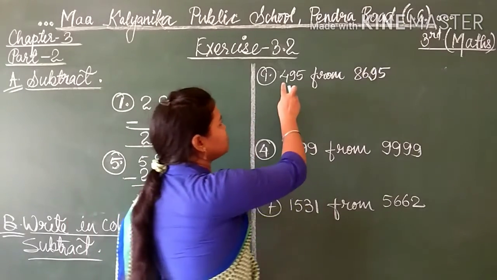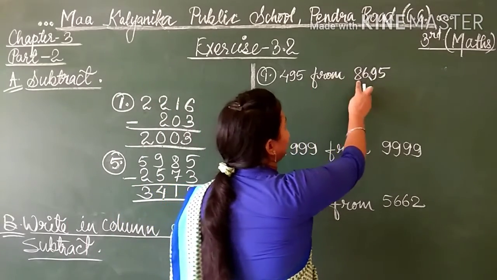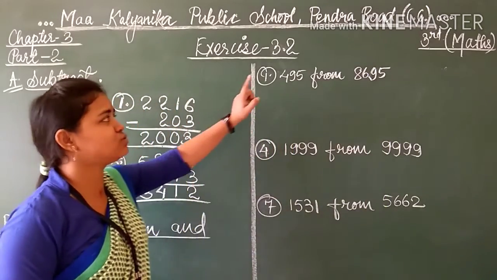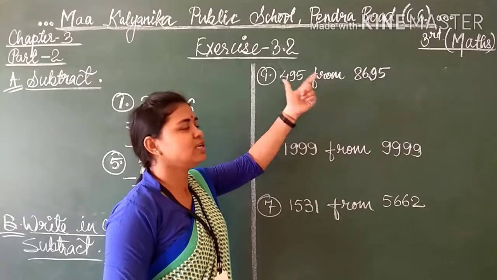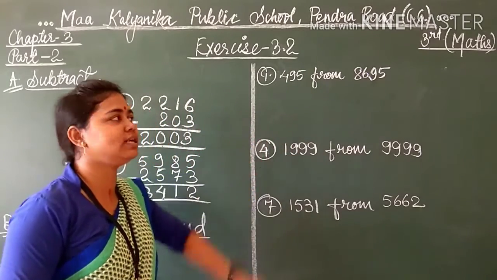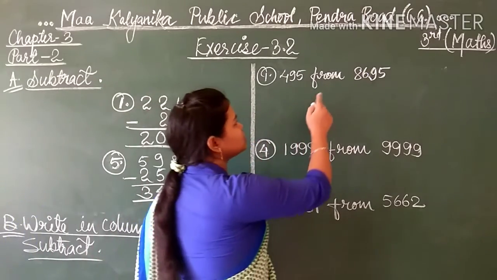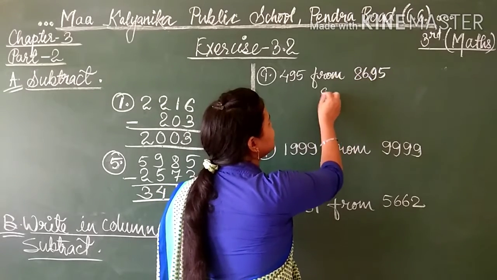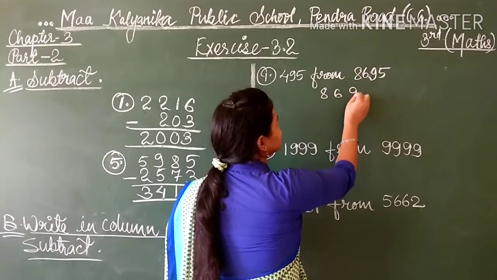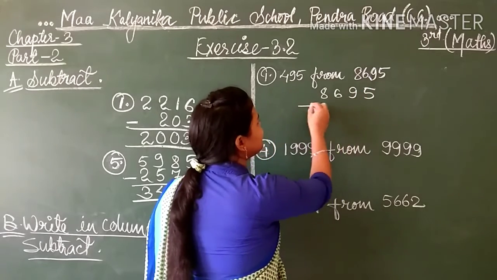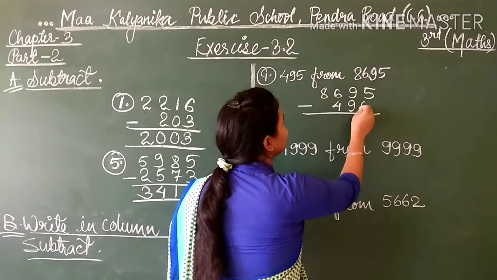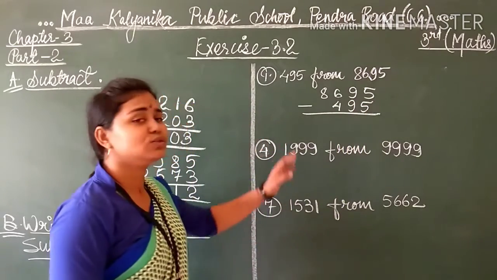So see students, 495 from 8695. In exercise 3.1 also question number B was like this, only the digits were different. So you have to write first this number, 8695, minus, and then 495.